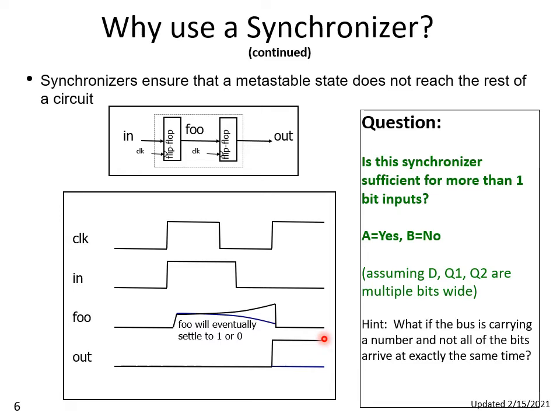And in fact, in this case, the input, because it's asserted to 1 such a short time, might be completely missed. It's shorter than the clock cycle. If the first flip-flop settles out to a 0, you'll end up with a 0 at the output. You would never know there was any kind of pulse on the input.